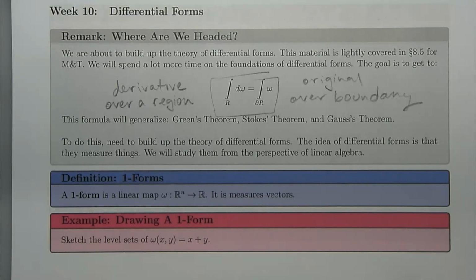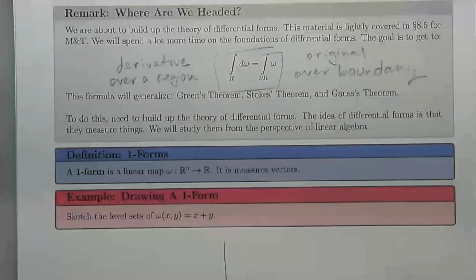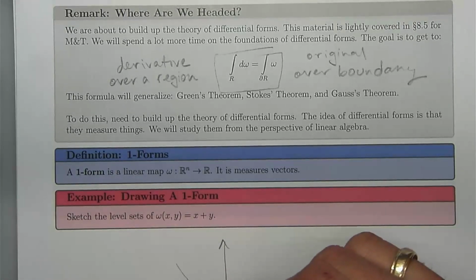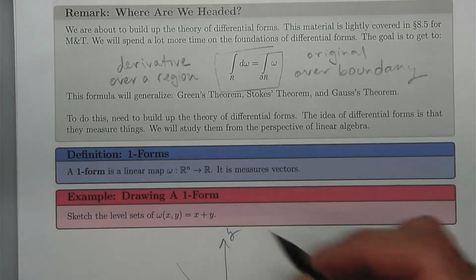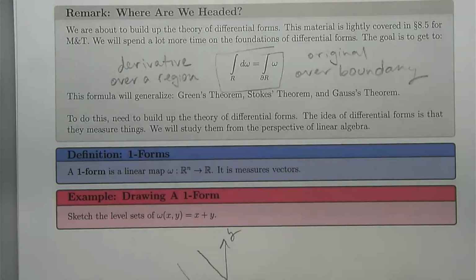One helpful way of visualizing a one form is the following. Okay, is this kind of level sets approach. So you say, okay, well, this is our omega equals 0 level set. Omega equals 1. Minus 1.